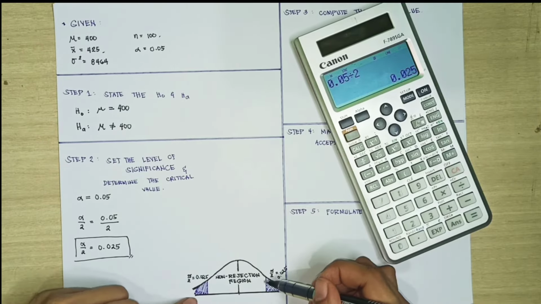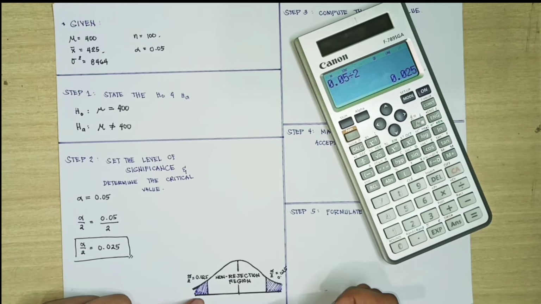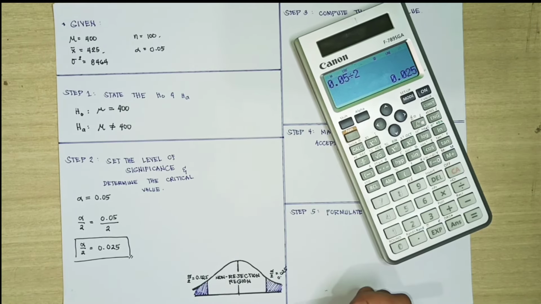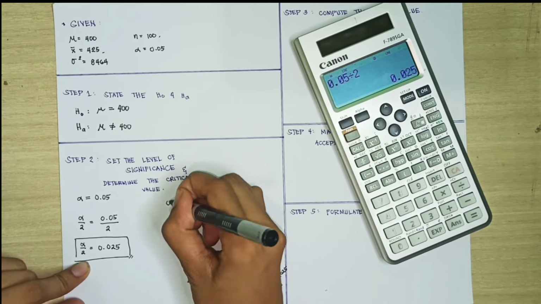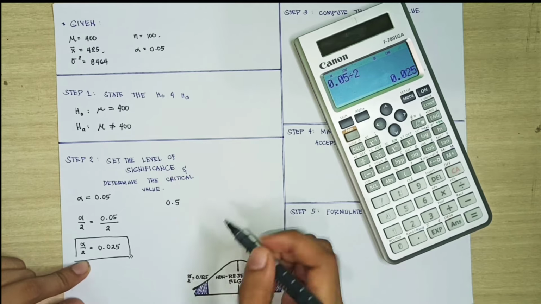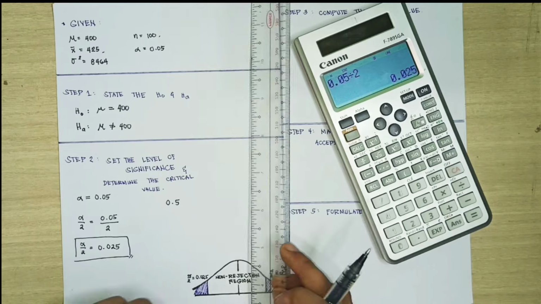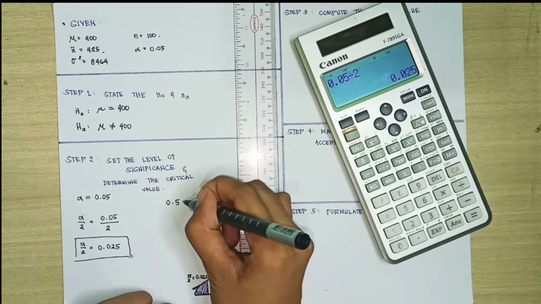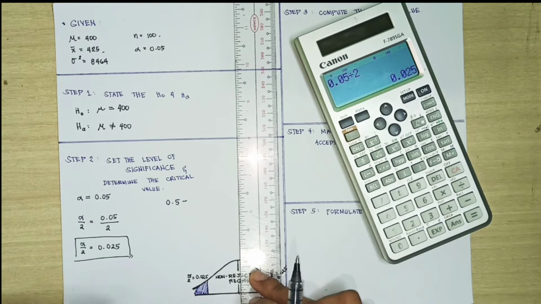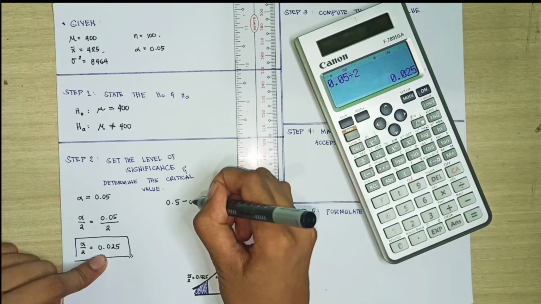So, yung critical value, itong pinaka-boundary na yan. Okay? So, ano yung value niyan? Okay, so to find the critical value, once na nakuha mo na si alpha over 2, since hinati mo siya, 0.5, which is half of the curve, minus kung ano yung nakuha mong alpha over 2, which is 0.025.